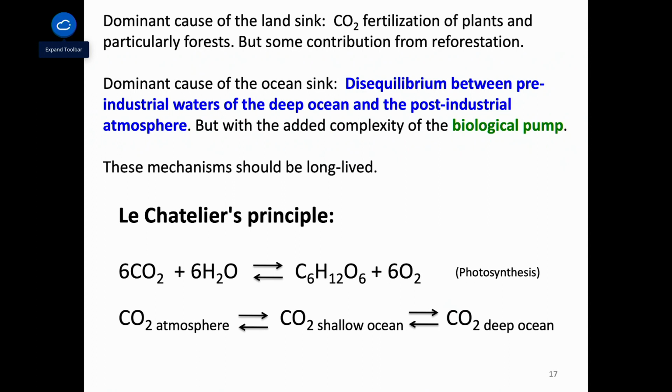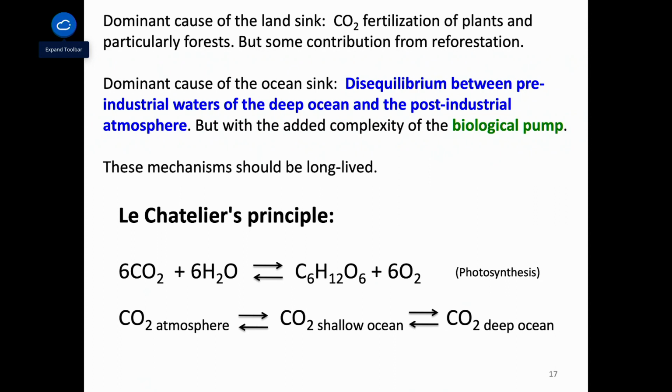With photosynthesis, if you add CO2 plus H2O, 6 of each, it gives glucose and oxygen. That's why you have oxygen in the atmosphere, and that's why you have food to eat. That's photosynthesis, invented by evolution several billion years ago. The same sort of thing happens when CO2 in the atmosphere dissolves into the shallow ocean, which gets into the deep ocean by that hydraulic conveyor belt that takes 1,000 years.